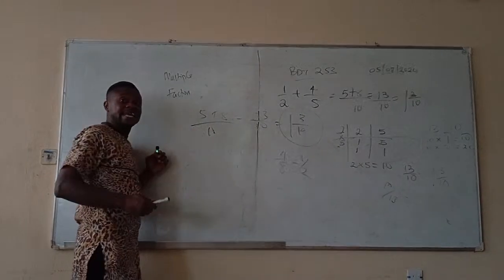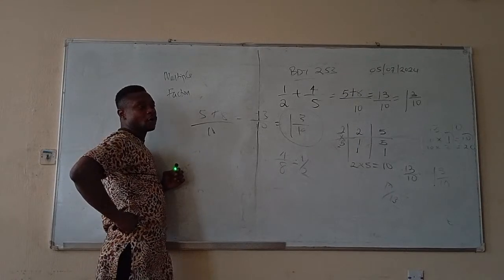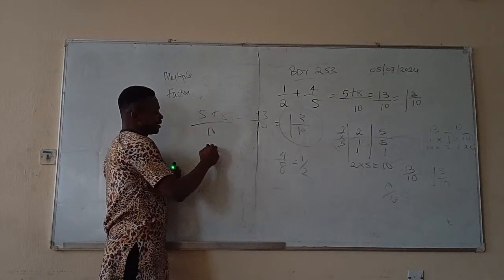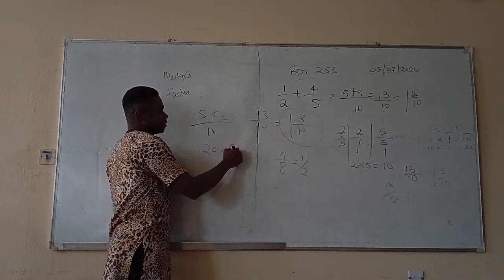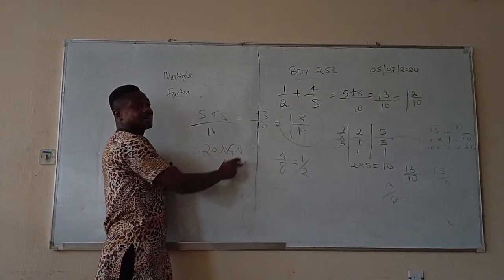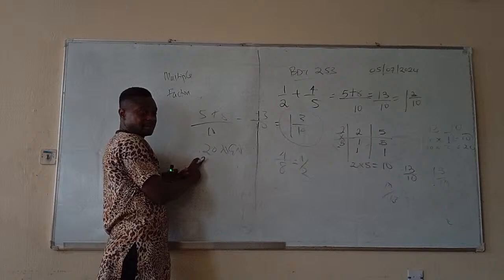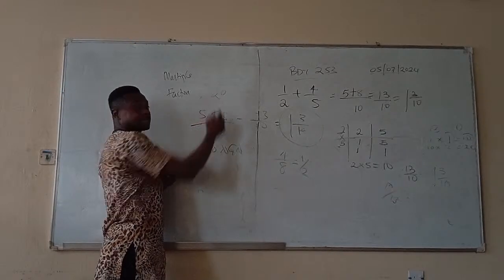Let's assume in our currency, they say naira, right? If you have 1 naira or 20 Nigerian naira, this number has been denominated. It's no longer abstract. If it's only 20, it is abstract.